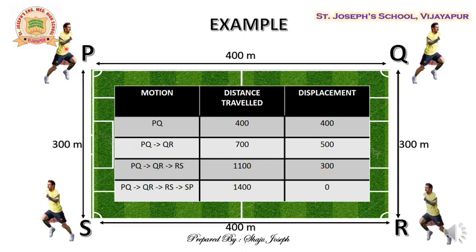And in the final case, where the person runs from P to Q, Q to R, R to S and S back to P, his total distance travelled is 1400, whereas the displacement is 0. If you look at all the values of displacement, you will see that it is either equal to the distance travelled or always lesser than the distance travelled. Therefore, displacement cannot be greater than the distance travelled.